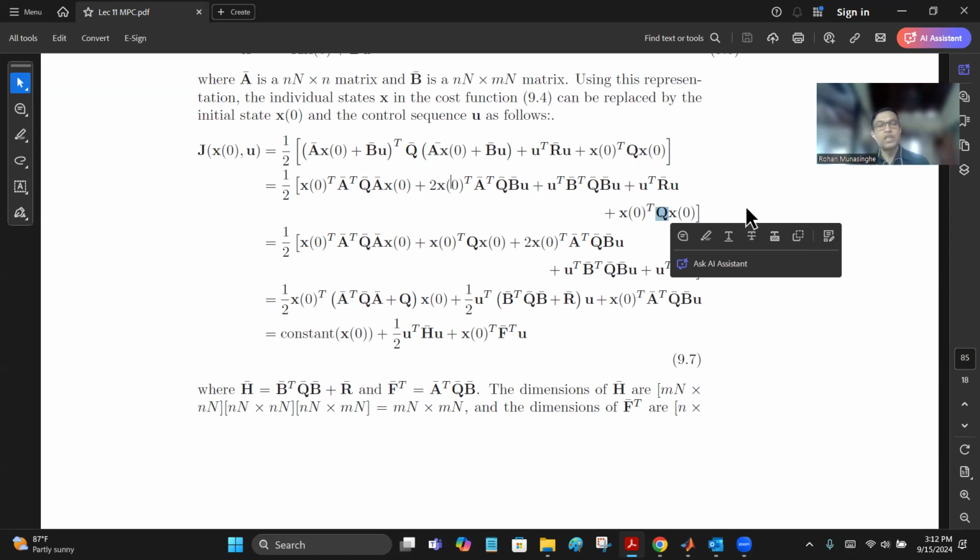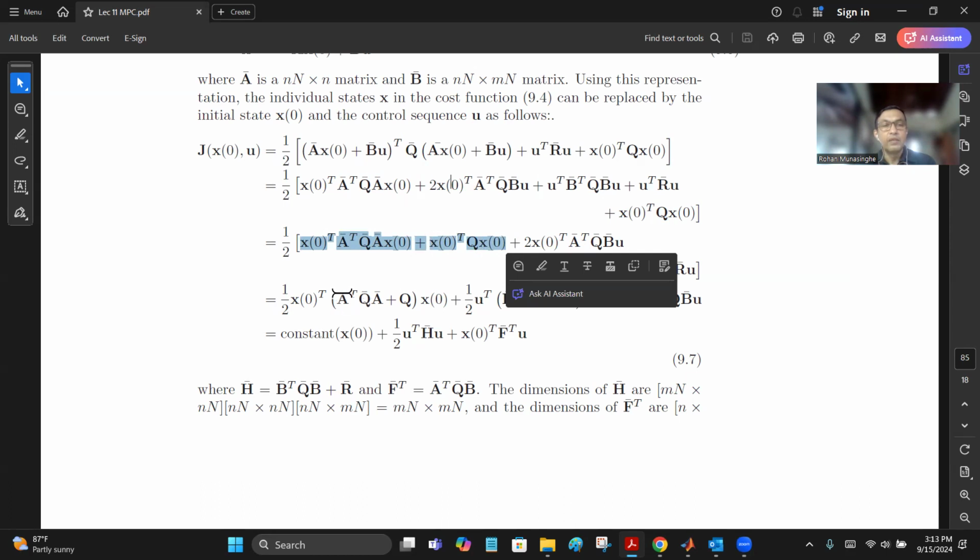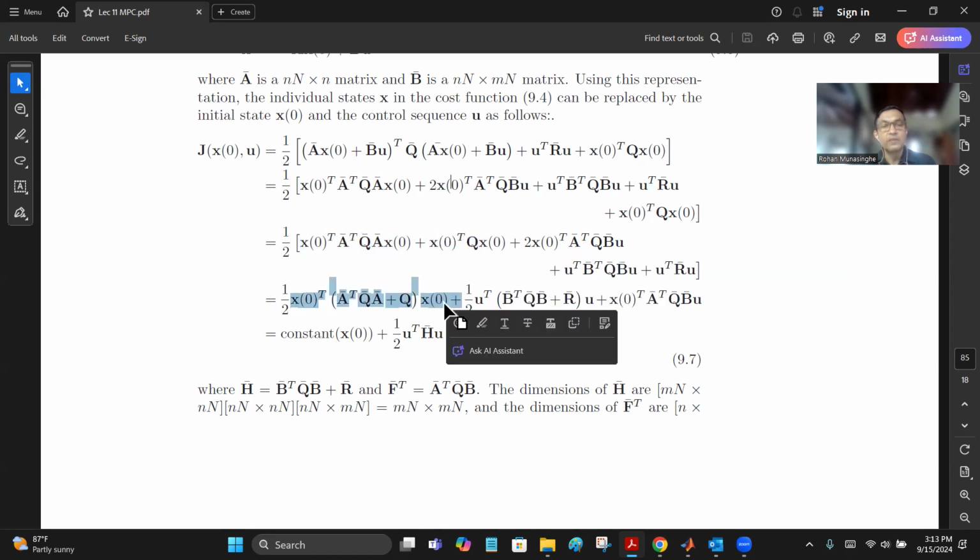So you can put them together like over here, right? You combine them together and arrange them as one term like that. Okay? Just one term. So A bar transpose Q bar A bar plus Q gets into this bracket, and before that x0 transpose, after that x0. That's what we do.